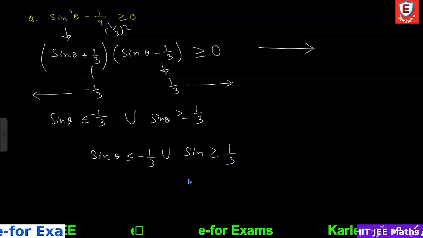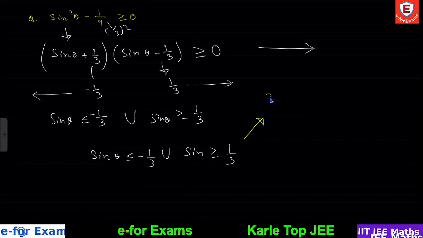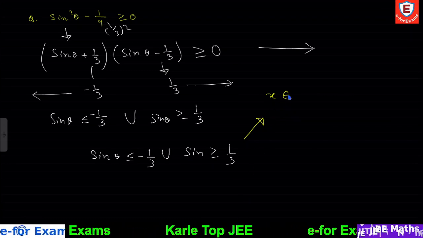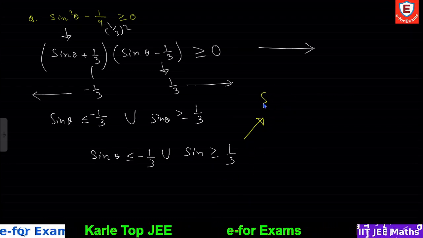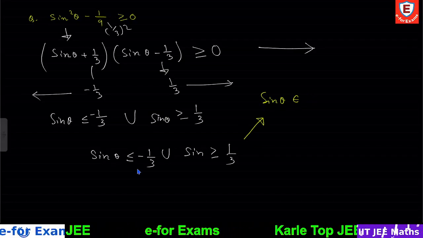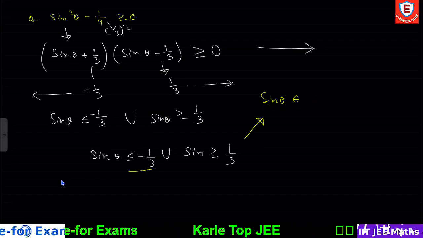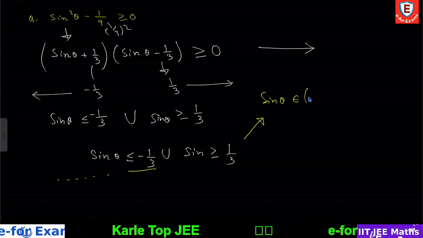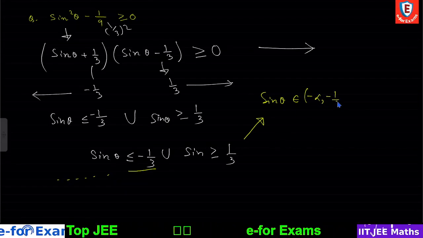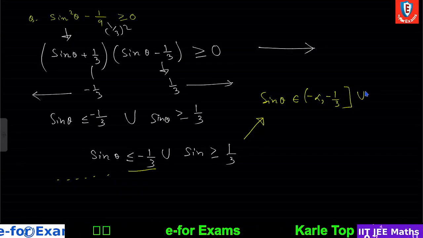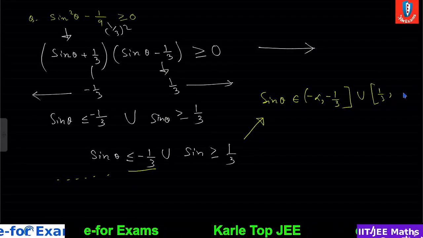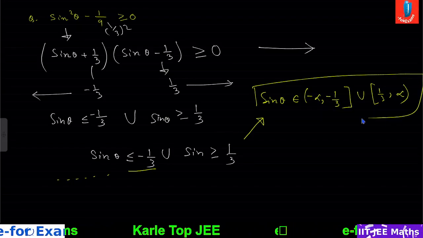This can be written as, sine theta belongs to, less than or equal to minus 1 by 3 means minus infinity to minus 1 by 3, including minus 1 by 3, union, here 1 by 3 to infinity. This is the solution.